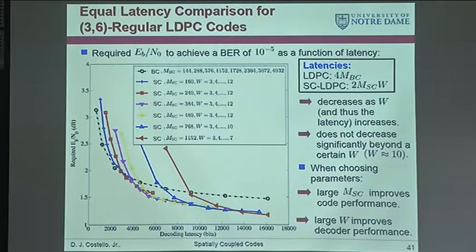So with too small a W, there's nothing wrong with the code, but the decoder is not doing well. And with too small an M, there's nothing wrong with the decoder, it's just that you don't have a strong enough code. But there is this trade-off between these parameters when designing spatially coupled codes in the finite length regime.